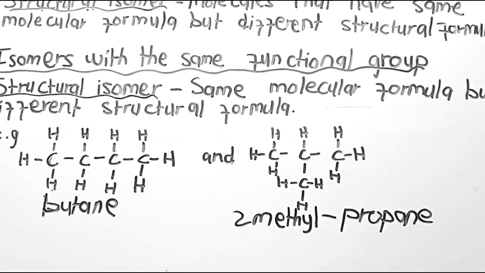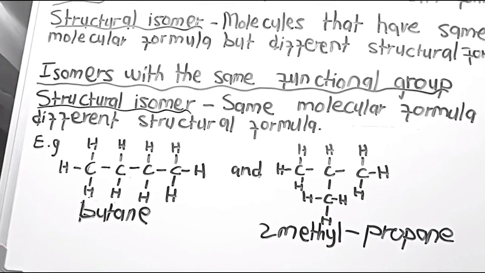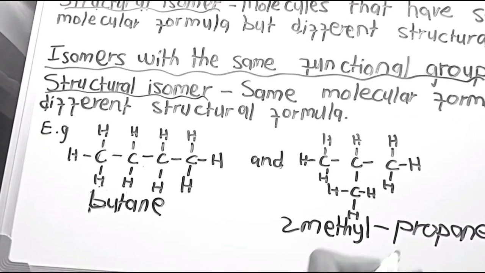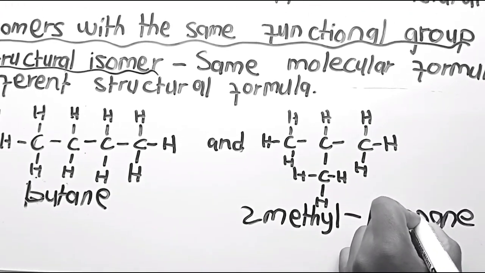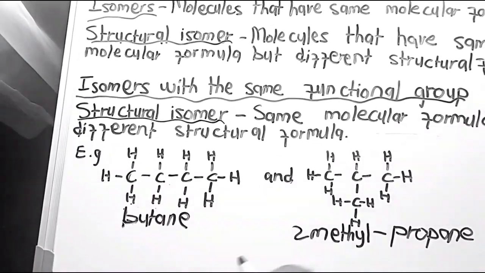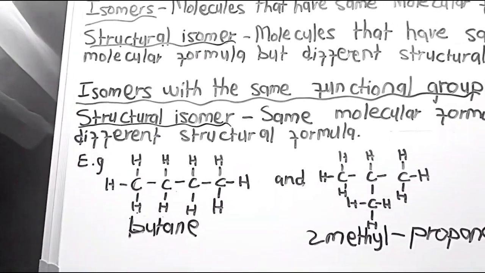If you're still encountering difficulties with naming, just go back to the previous video on IUPAC naming and learn how to name these structures. So why do we say these two structures are structural isomers?